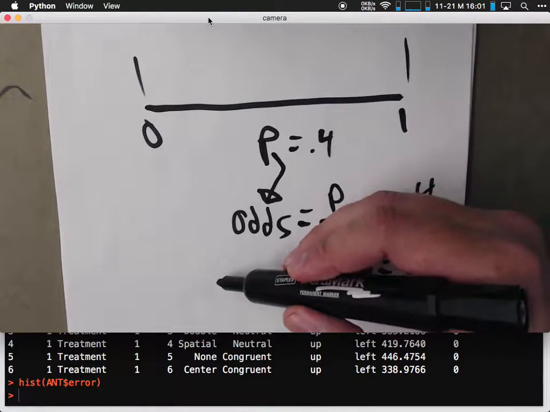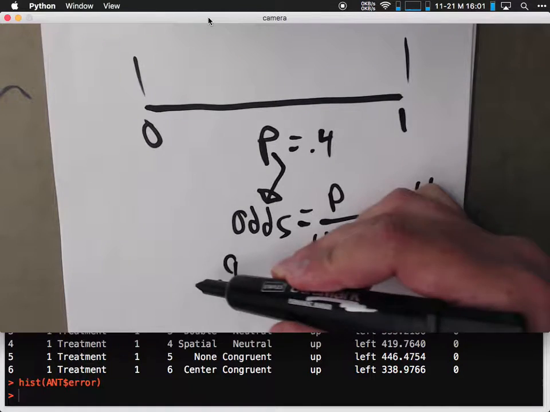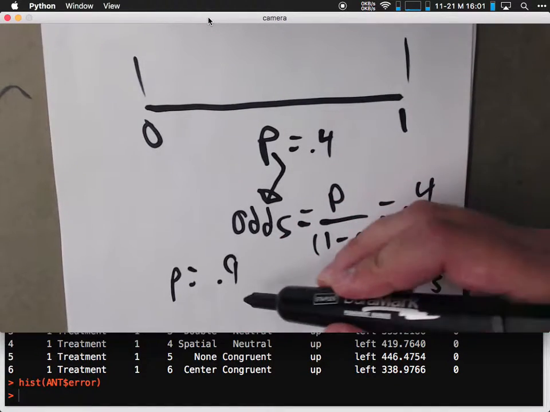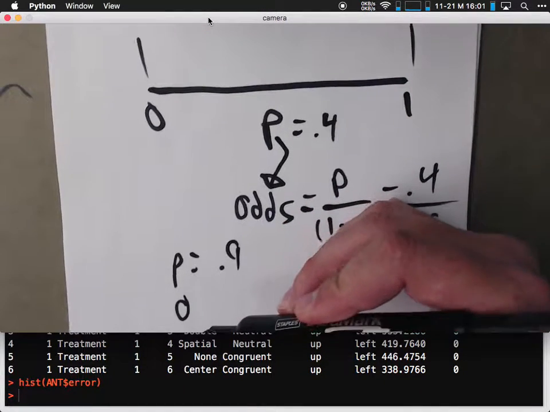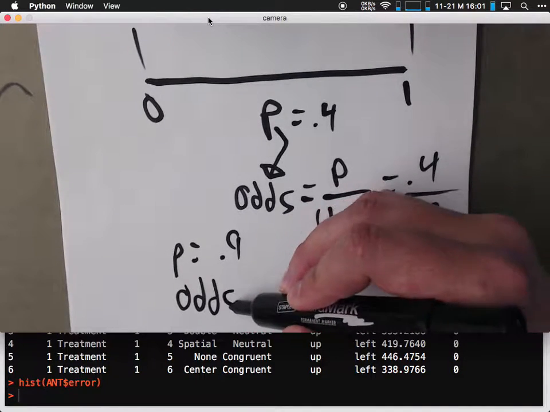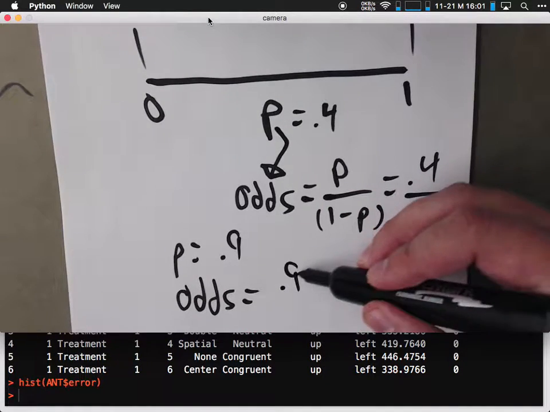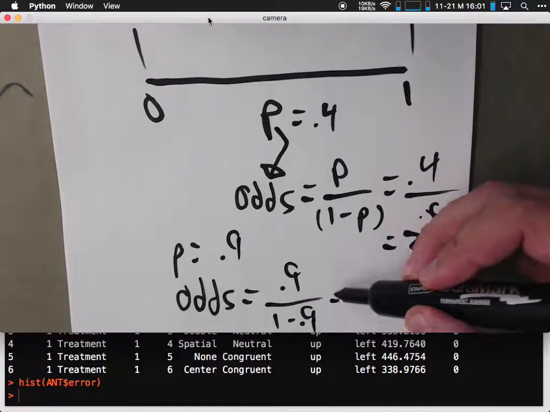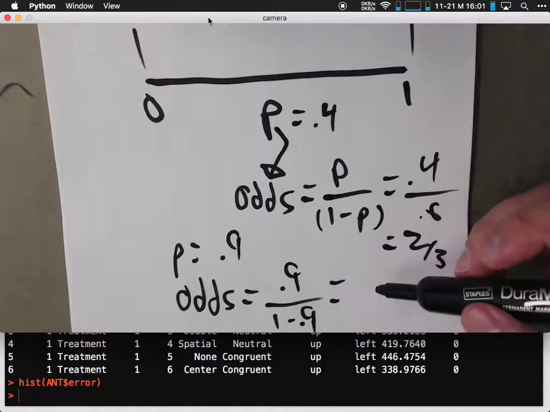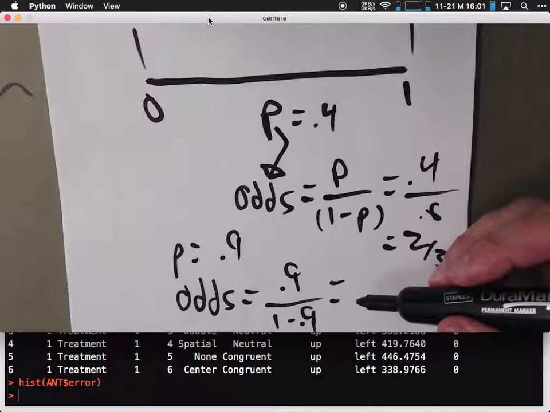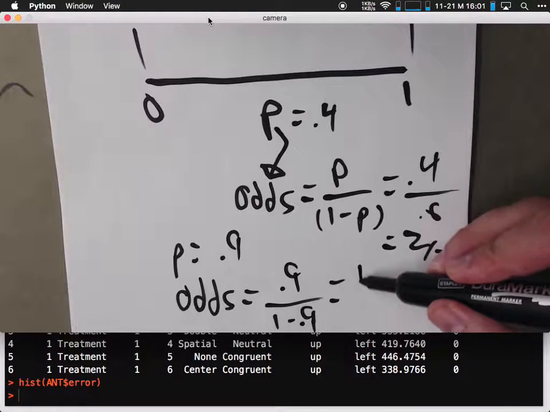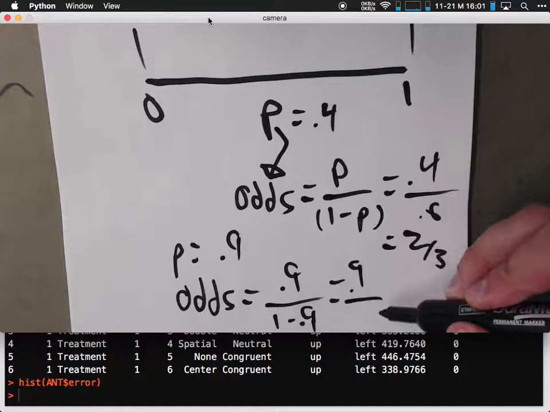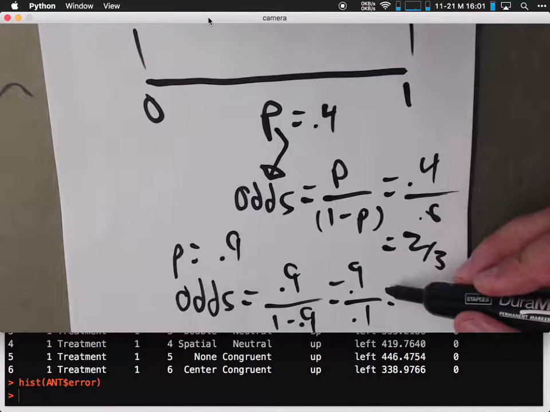If we had, let's say, p equals 0.9, odds equals 0.9 over 1 minus 0.9. So it's 0.9 over 0.1, which is 9.